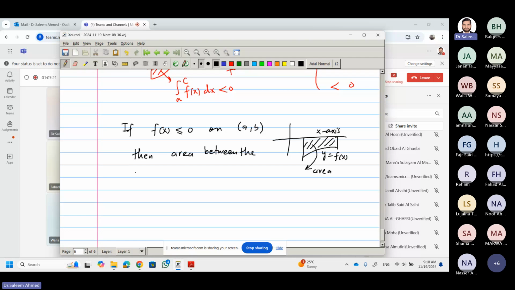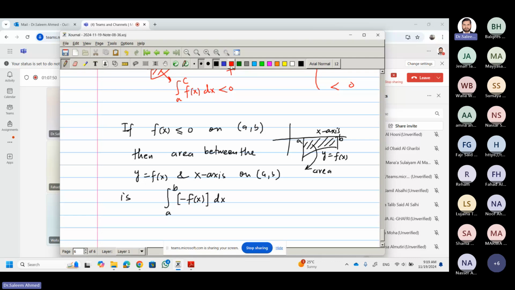So the area between the curve y equals f(x) and the x-axis, still over the interval a to b, of course we are not going out of this interval, is given by the integral from a to b, and we take the absolute value, or you can say that we take the negative sign with that, because the function is negative. So I will multiply a minus sign with that and then integrate.